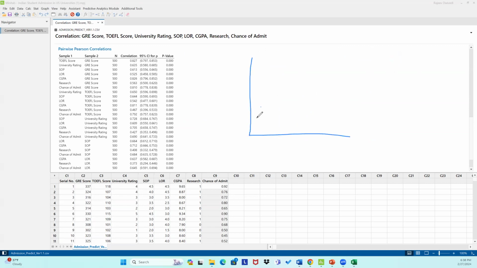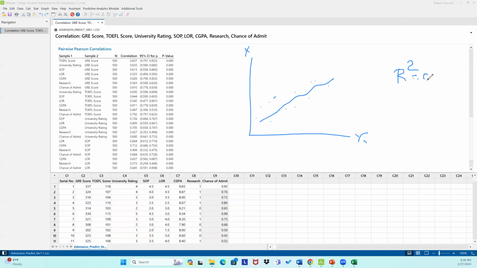Let's say you plotted everything in regression and the best fit line comes like this, with X here and Y here. So the change in Y is due to the change in X. This is called the regression coefficient.